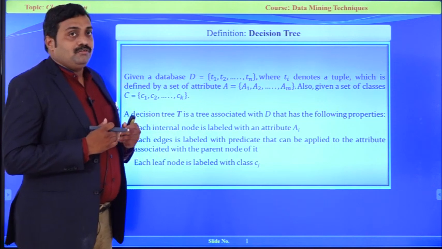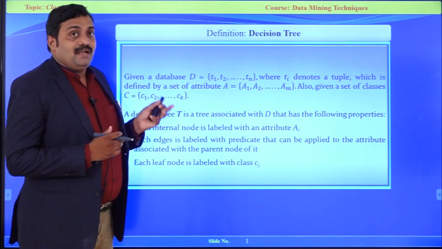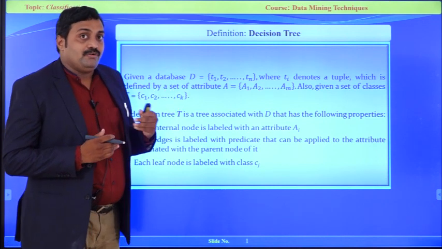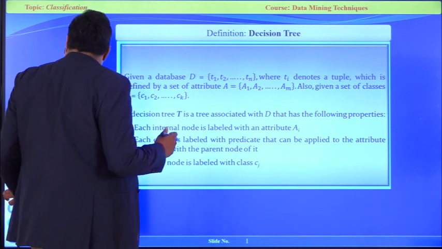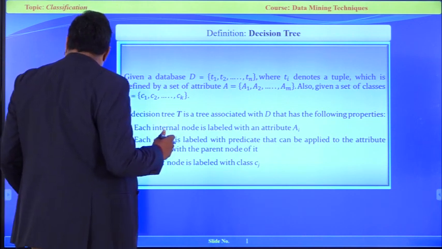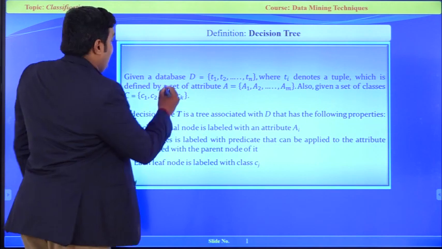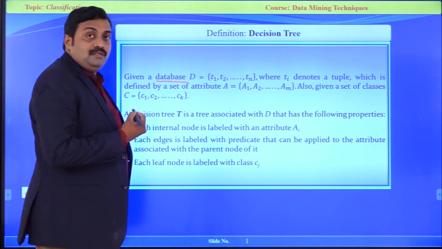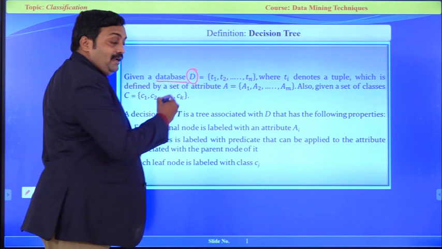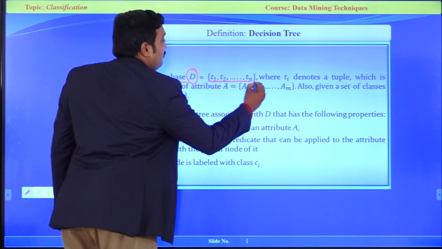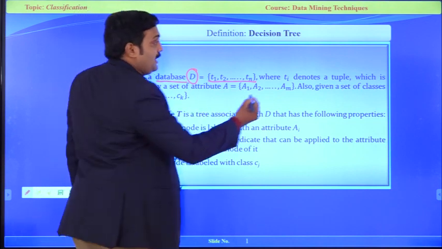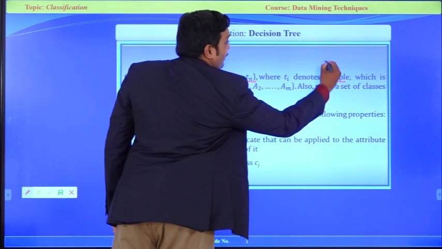Okay. Now, let us see the actual definition, how we are going to define a decision tree. Suppose we have a data set called D, and whenever it is a database or a data set, there are n number of tuples, nothing but records.